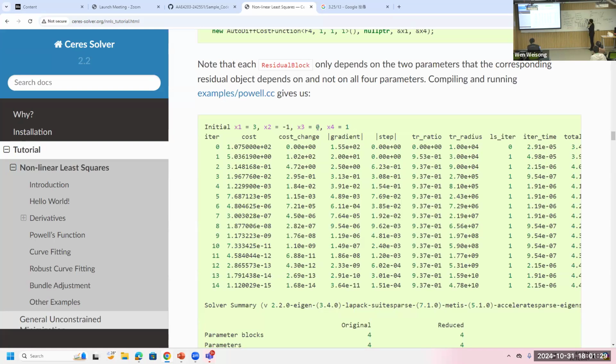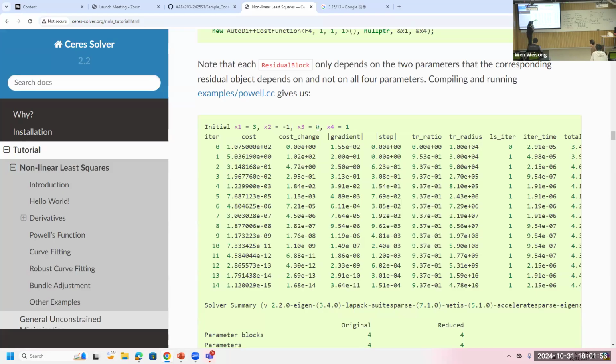So you try to minimize the cost. At the beginning, this is the initial guess, and the cost is decreasing. At the beginning it's around 100, right? After the third or fourth iteration, the cost decreased to below 0.001 or so.